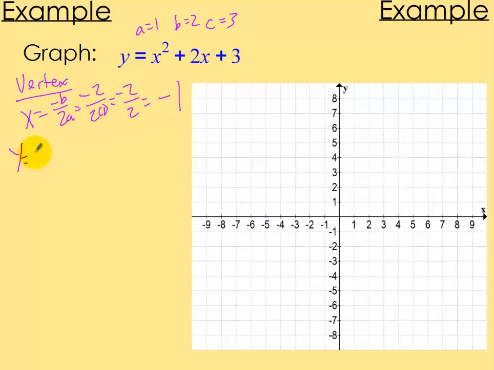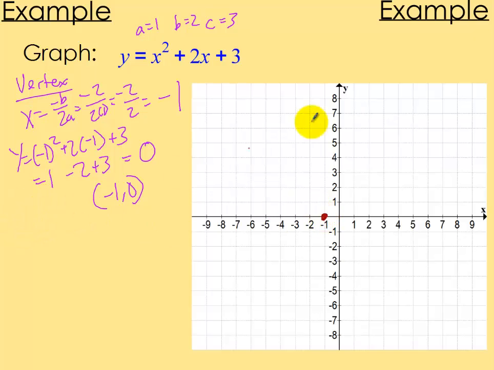To figure out the y value, I'm going to plug it in. So y equals negative 1 squared plus 2 times negative 1 plus 3, which is 1 minus 2 plus 3, which is going to be 2.